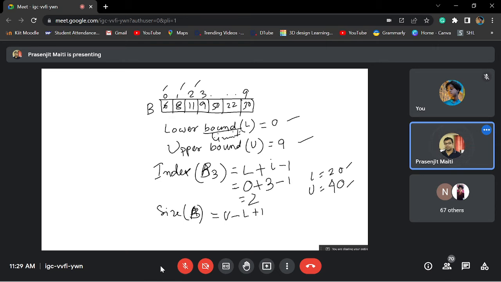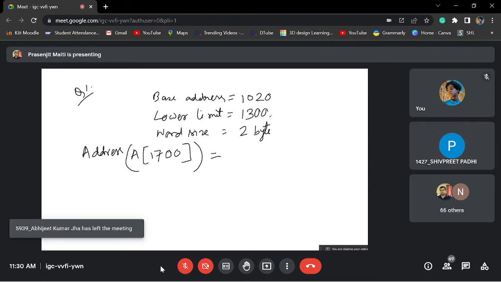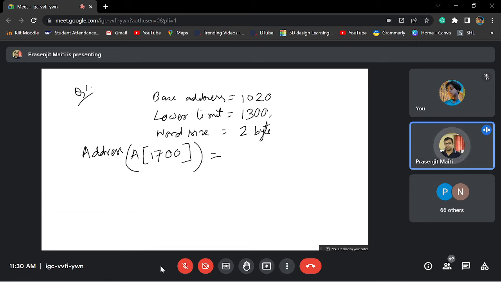That means the starting index. So your starting index is 1300. The base address is 1020, which is nothing but the address of index 1300.